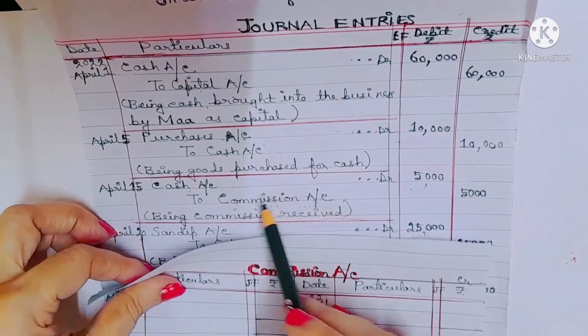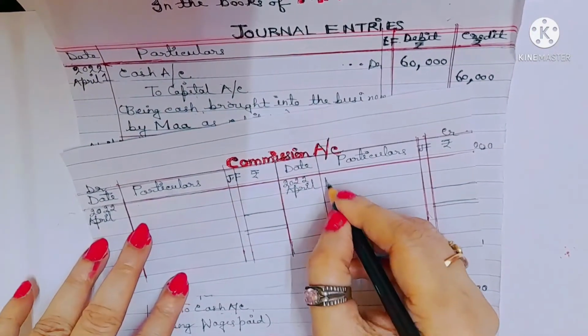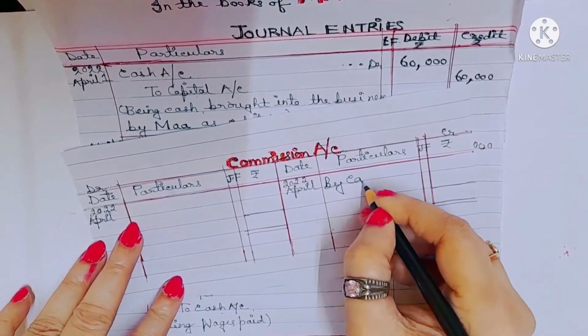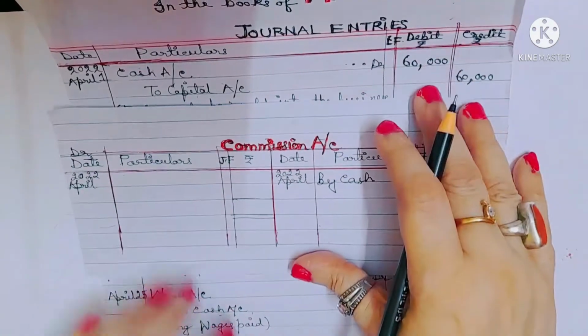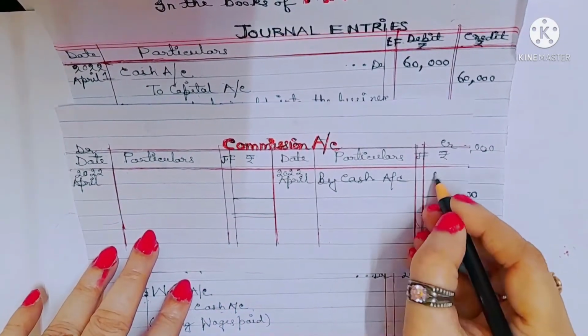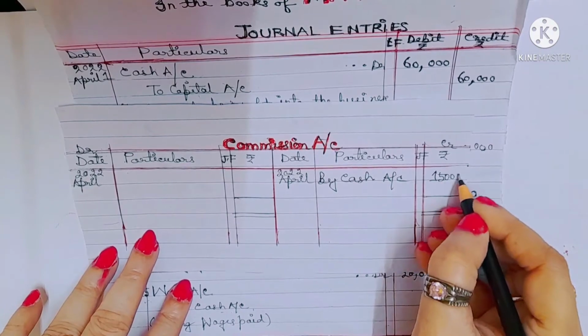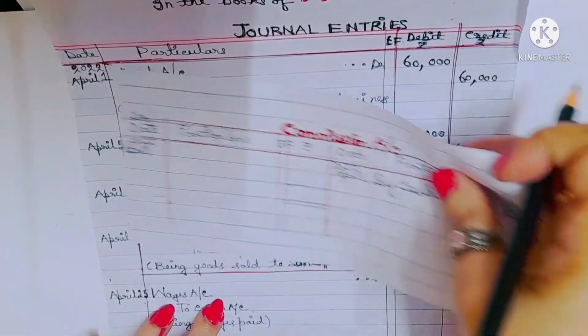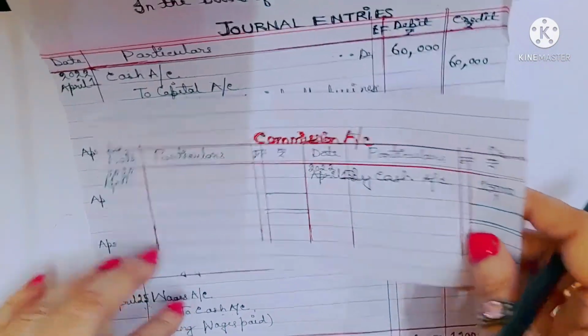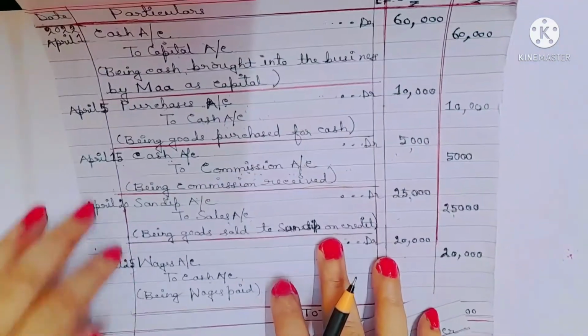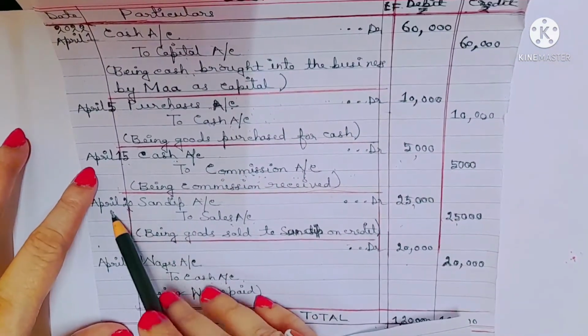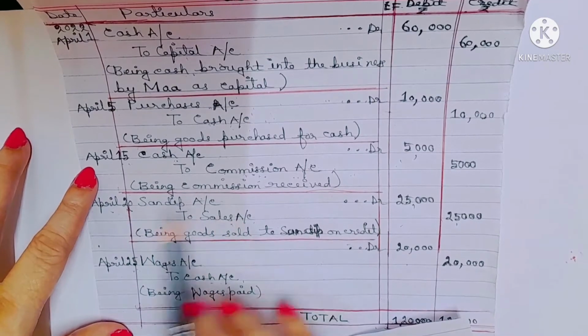How much? 5,000 and 15th April. So by cash account, 5,000. What is the date? 15th April. আমরা দেখি আর কোনো কমিশন ট্রানজাকশন আছে কিনা। On 20th April, Sandeep account to sales account, no commission, ignore.